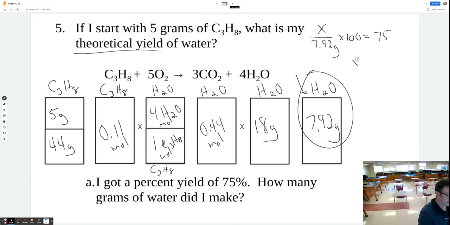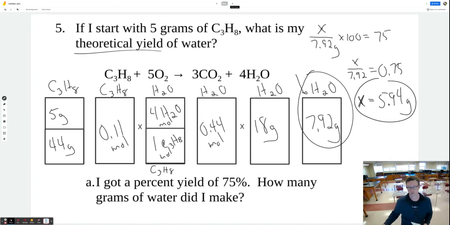So this is really x over 7.92 equals 0.75. Then we would cross multiply, and we would find that the actual yield is 5.94 grams.